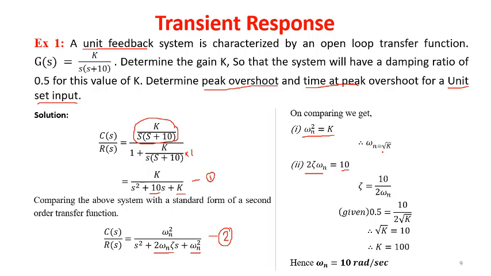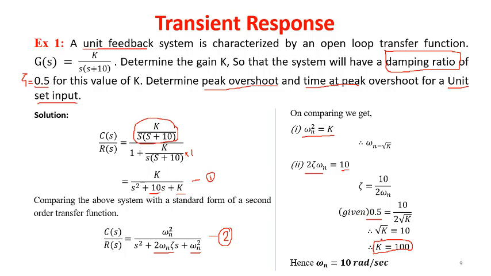We have omega n just now, and the damping ratio of 0.5 is given. This is the value of zeta, equal to 0.5. Hence 0.5 equals 10 divided by 2 times root K. Therefore root K equals 10. Squaring on both sides, we get K equal to 100. This is our gain value, K equal to 100.